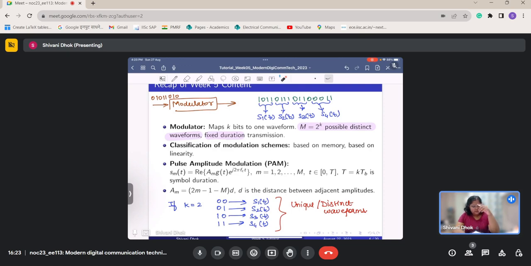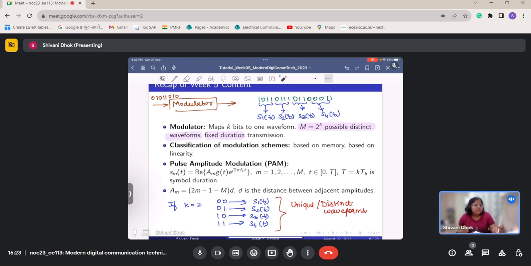However, here we have a choice of waveform, looking at the bits which are given to you by the digital interface; the encoder is giving you a bit stream. Looking at this bit stream, I'll make a choice of the waveform that I need to send.